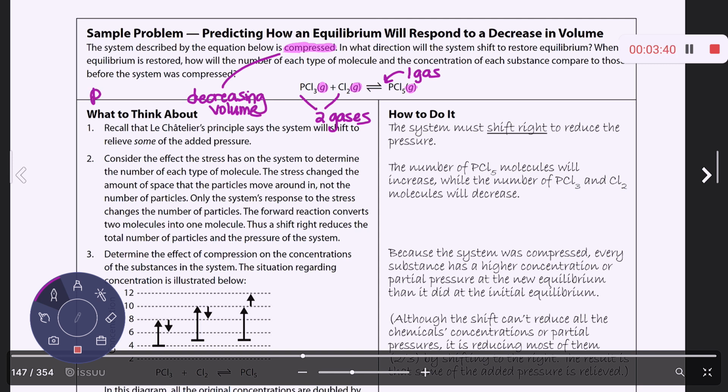Yeah, so the pressure will increase. Okay, so we need to relieve some of that added pressure. That means you will shift to the side with fewer gas particles.